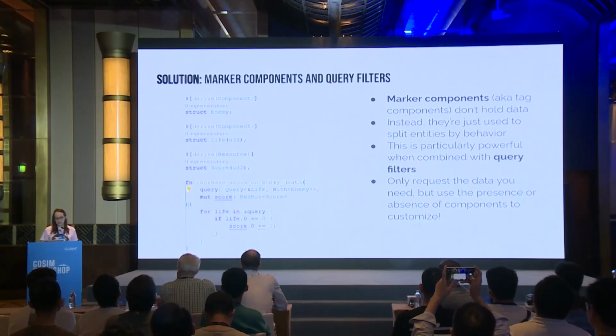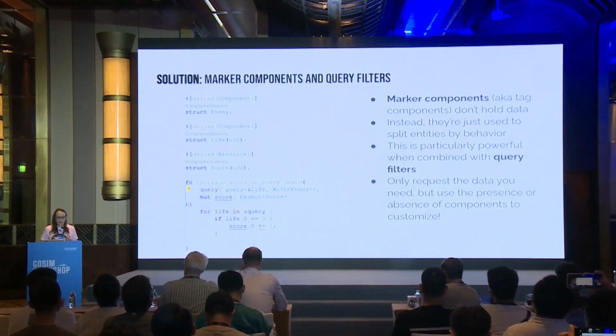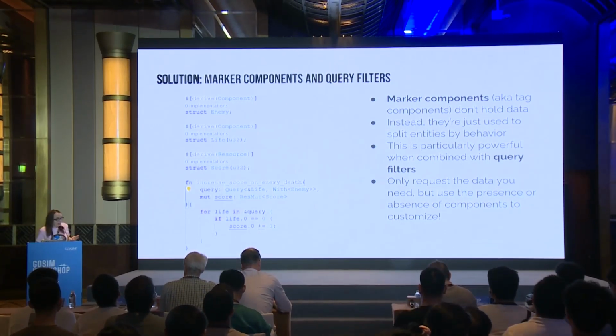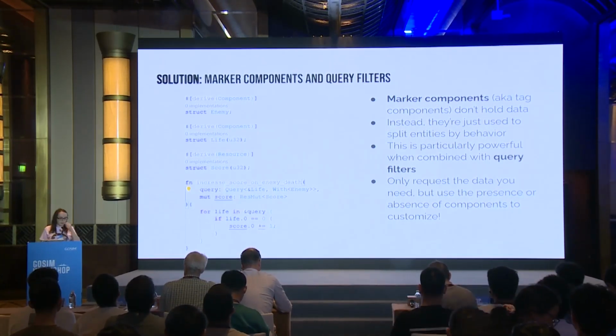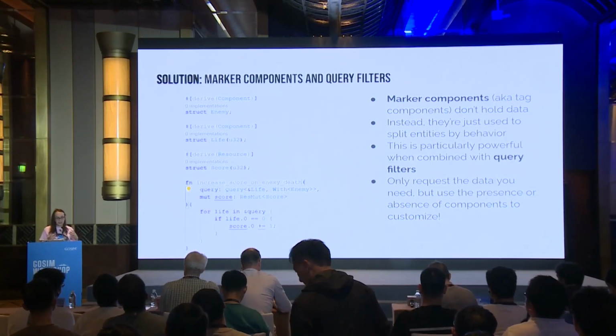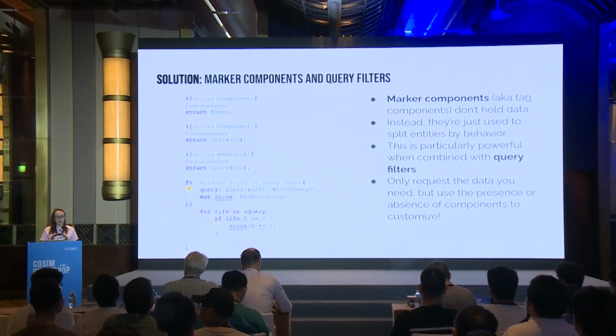The first is marker components. These are sometimes called tag components, and they don't hold data. They're a new type, like that struct Enemy, and it doesn't hold any data. It just is a type. We use these dataless types, and we insert them as components, and they're used to differentiate between entities that look the same but actually need to behave differently.